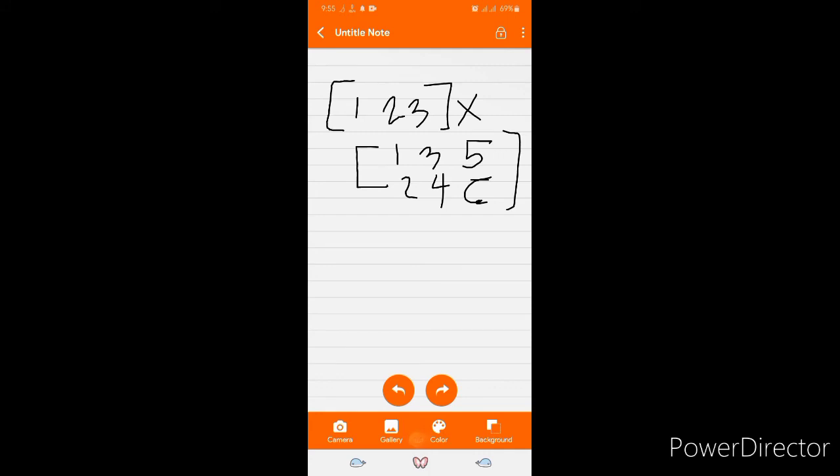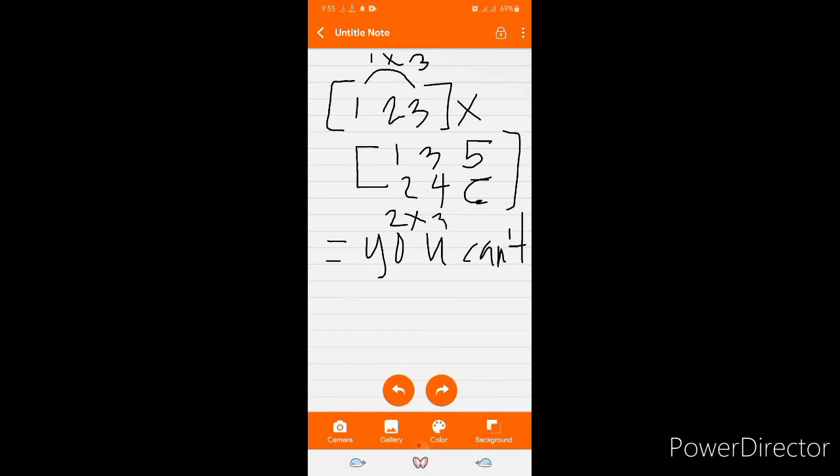So another example, a row vector and a matrix. So the answer is you can't. Why? It's because this row is 1 by 3 and this matrix is 2 by 3.